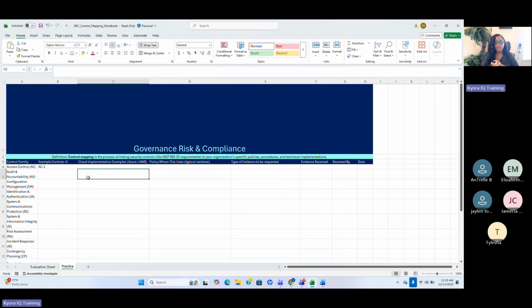Some of your items may be in Azure, you may have an AWS cloud environment, or you may have an on-prem environment, right? And so depending on the environment, you may be using different access tools for that. So let me know when you guys have created your second tab and have cleared out the information in your workbooks.